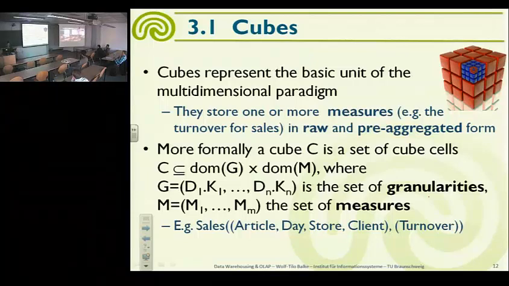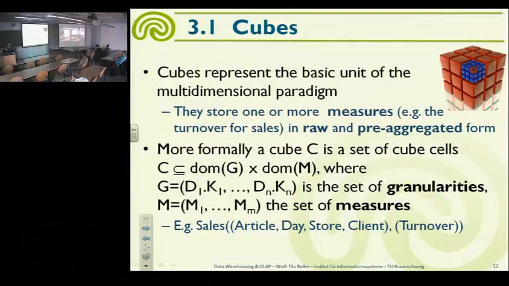Right. So we've already talked about the dimensions. And the dimensions, as you've seen, are connected to different cubes, which are the central objects in our data warehouse. And you've seen that the dimension can serve different cubes. The same dimension can serve different cubes.